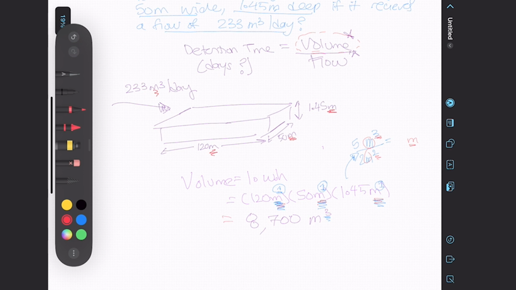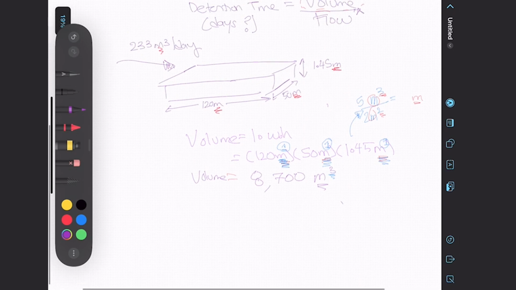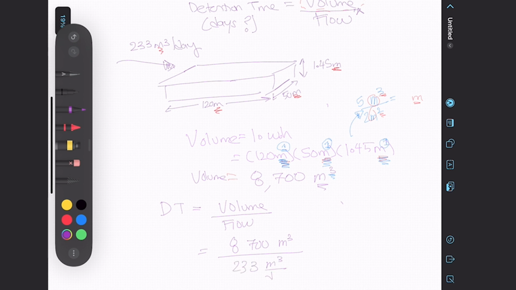All right, so we have our volume. Back to the problem. We have it in meters cubed. That's great. And our flow we are given, so we can just plug into our formula directly. So the detention time is equal to volume divided by flow. Our volume is 8,700 meters cubed, all over our flow, which is 233 meters cubed per day. Remember, we were given this value.